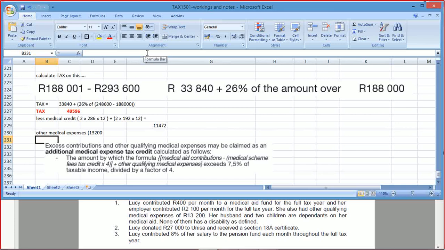Okay, so going back to the question, what were her other qualifying expenses? 13,200. Okay, so 13,200 was the additional amount that she had contributed. Do you agree? Yeah.